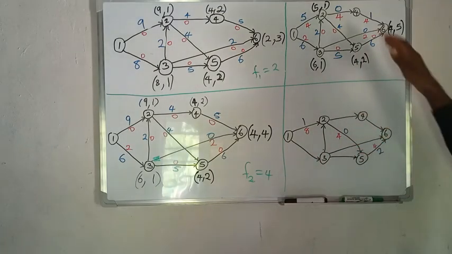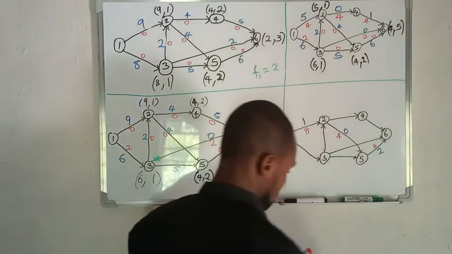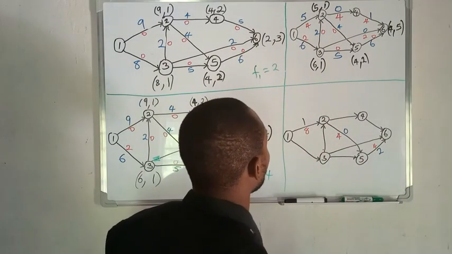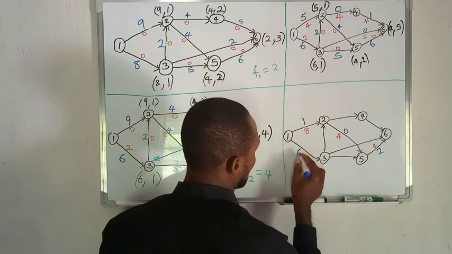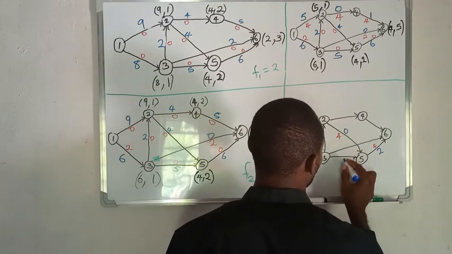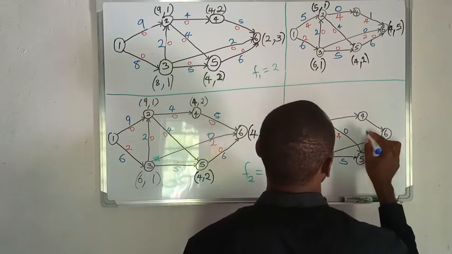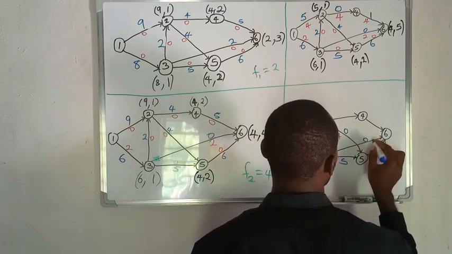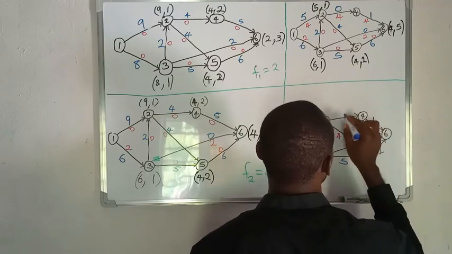After doing this, then we write out the remaining excess capacities. Right here we'll have 6 and 2, 5, 0, 1, 0.